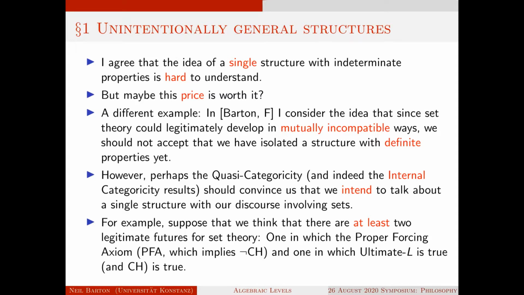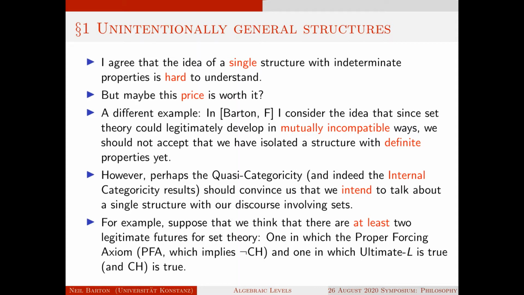So a different example: recently I looked at the idea that since set theory could develop legitimately in mutually incompatible ways, we shouldn't accept that there's a single structure with determinate properties that we've isolated. Nonetheless, perhaps this quasi-categoricity theorem, and indeed the internal versions that can be done proof-theoretically that Tim and Sean look at in their book, should convince us that we intend to talk about a single structure, even if we don't. So here's an example. It's in a slightly different vein to the quasi-categoricity theorem.